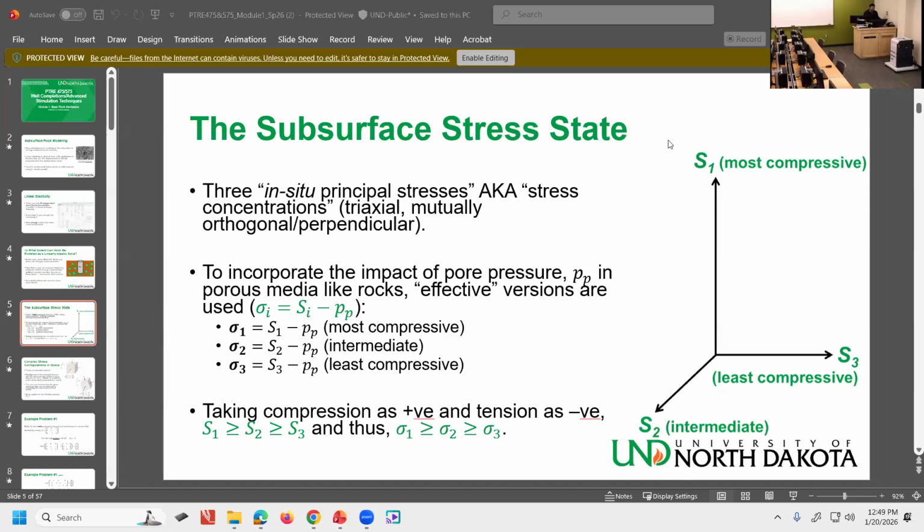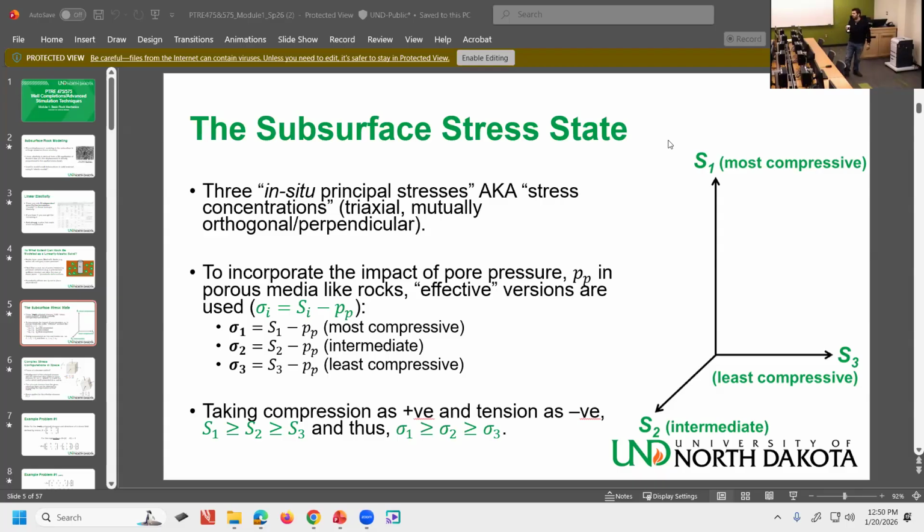But yeah. Now, if I want to incorporate the effect of pore pressure acting in every direction, as we learned in geomechanics, I just need to do one thing, and that is subtract pore pressure from every principal stress. Every one of those S1, you subtract pore pressure, it becomes sigma 1.